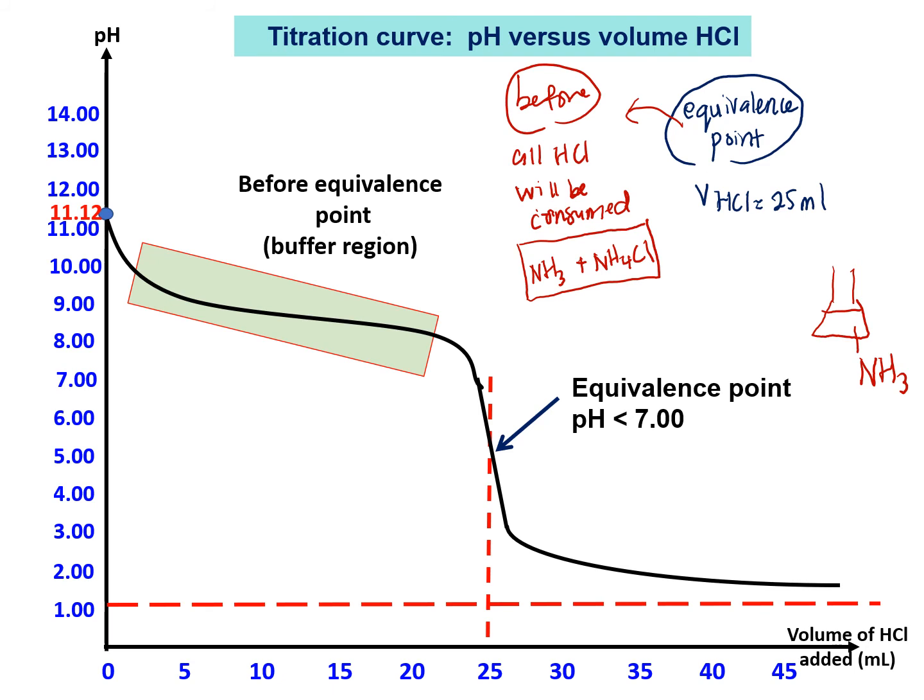Okay. And then, bila after equivalent point, maksudnya, after equivalent point, apa yang tinggal dekat dalam kita punya conical flask? So, dekat sini, all NH3 is consumed.